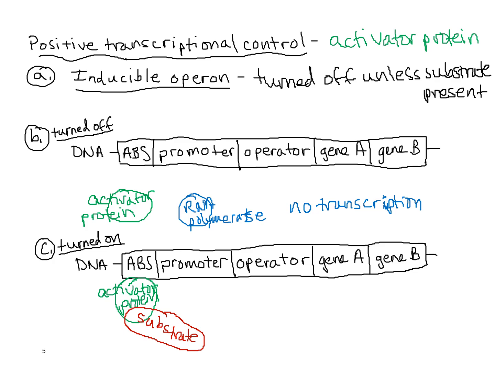Now that the activator protein is bound to the activator binding site, RNA polymerase can bind to the promoter, and now it can go ahead and transcribe the DNA. Now we've turned on our operon. So that's how we would turn it on. Okay, so that would be the last scenario that I could put on the test.